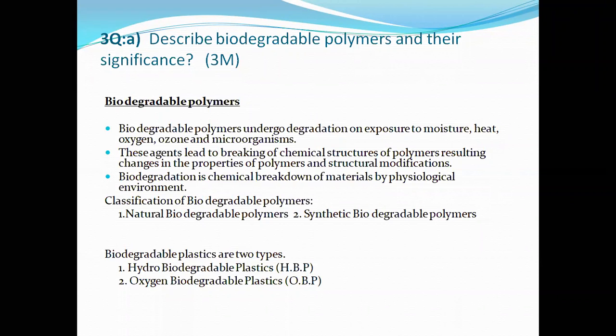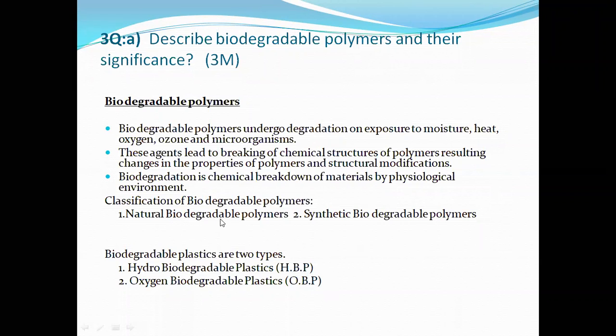What are biodegradable polymers? Biodegradable polymers are prepared from natural sources. That is the first main advantage: biodegradable polymers are taken from natural sources. And biodegradable polymers have two classifications. The first is hydrobiodegradable polymers, and the second is oxy-biodegradable polymers, right?